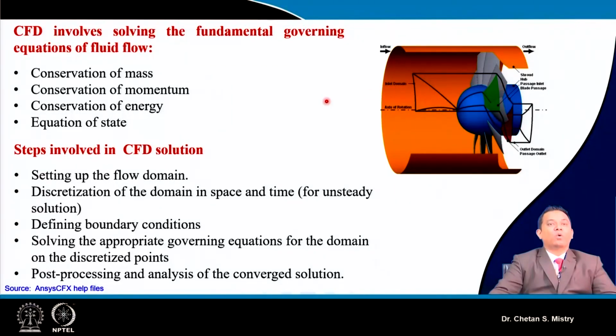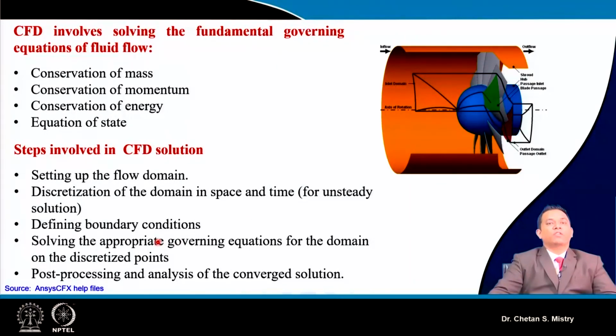Then the boundary conditions need to be defined in terms of inlet boundary, outlet boundary, periodic boundary condition, no slip condition, and free slip condition. All these things we will be discussing in the next few lectures.